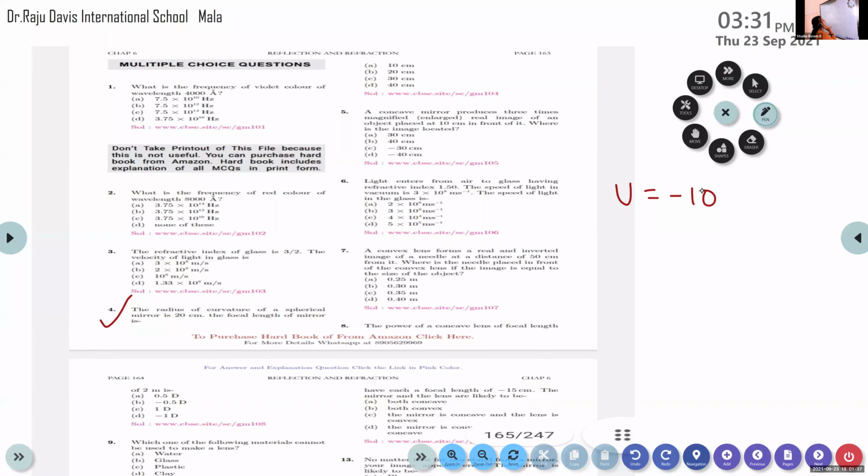And it produces a 3 times magnified real image of the object, so the magnification produced is 3, M is equal to -3. Why did I take a negative sign here? Any idea? Real image. Yes, very good. A concave mirror produces a 3 times magnified real image, so if the image formed is real in nature, it should possess a negative sign.